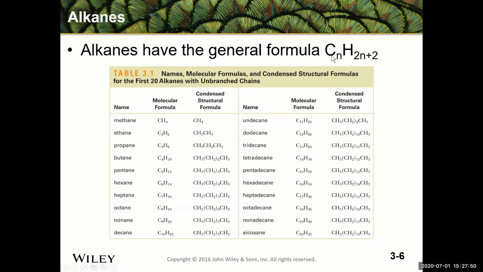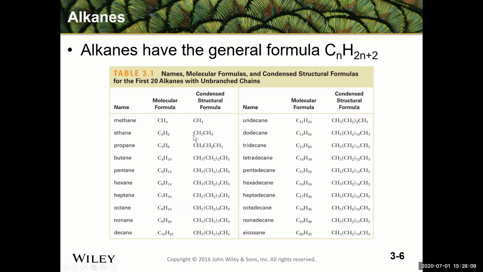If we keep moving on, C2H6. Okay, we put the 2 in here, we're going to get C2H6, and that's called ethane. So what we can do is we can now start writing the condensed structural formula.